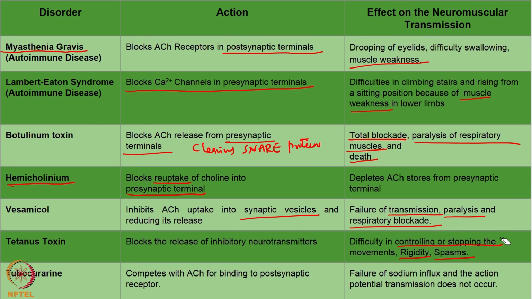So, sodium will not enter when tubocurarine is attached to the nicotinic cholinergic receptor. This leads to failure of sodium influx and action potential transmission to the muscle, leading to weakness, paralysis, total blockade. Depending on the amount, it could also lead to death due to failure of respiratory muscles, right.